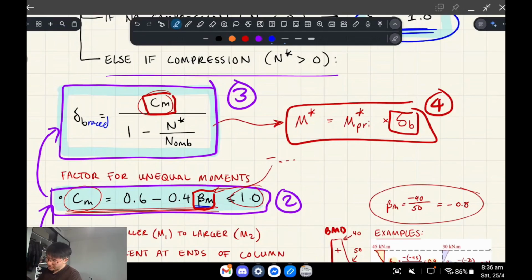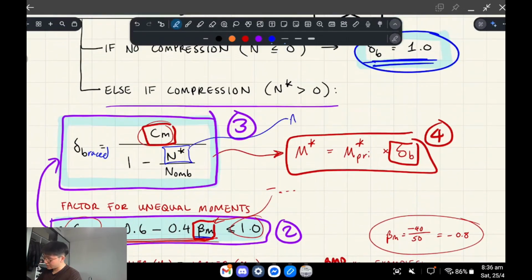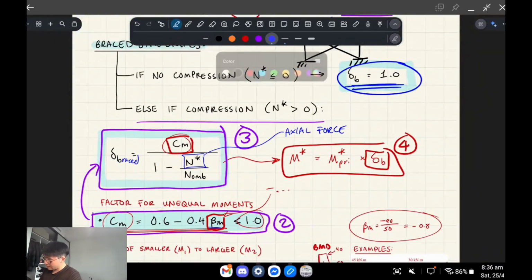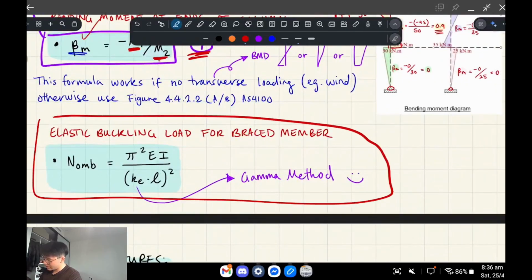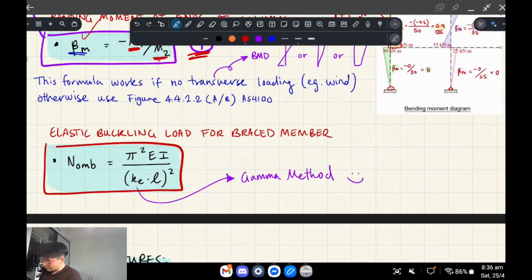And then N is from our axial force diagram, or axial force analysis. Then I'll tell you about another step. So this is step 2.5, I guess, which is finding Pe, the reference buckling load from Euler's equation, and it follows this formula.